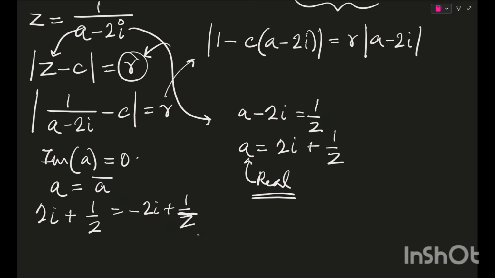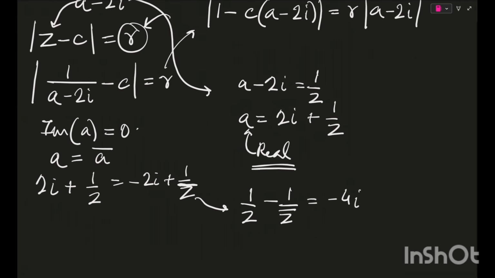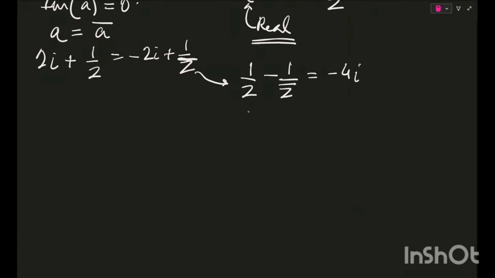So if we simplify, this will become 1 by z minus 1 by z conjugate is equal to minus 4i. In other words, this will be z conjugate minus z by z z conjugate is equal to minus 4i. Okay, so I guess this is not looking really good.